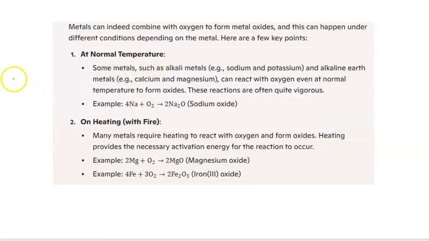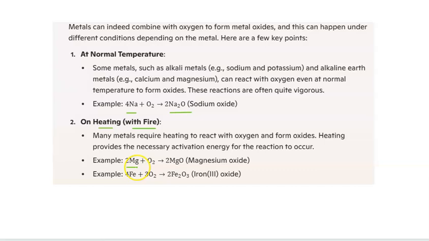Well, at normal temperature, some metals combine with oxygen to produce oxides. Sometimes they only produce the oxide when they are heated by fire.